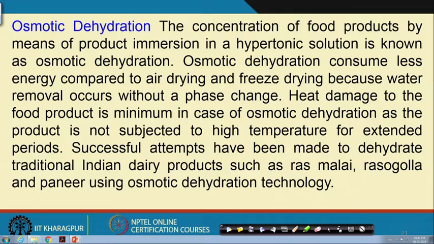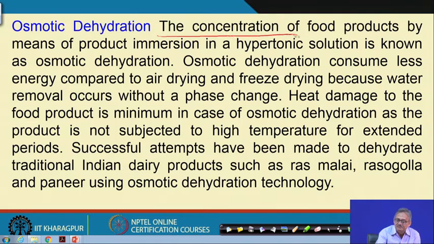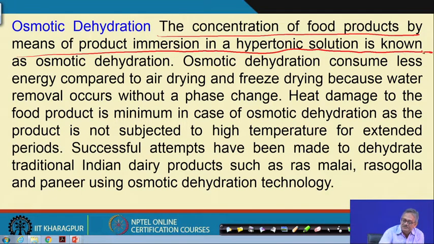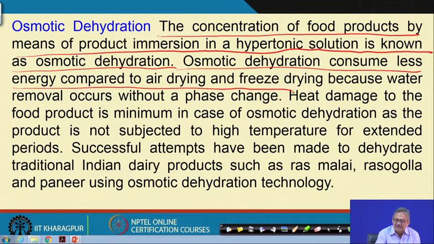So, in many cases this is done, right, and in that what we can say is that the concentration of food products by means of product immersion in a hypertonic solution is known as osmotic dehydration, and osmotic dehydration consumes less energy compared to air drying and freeze drying, because water removal occurs without a phase change.